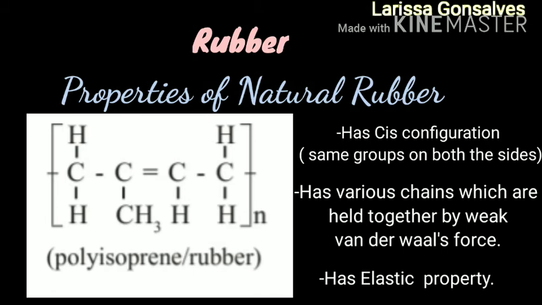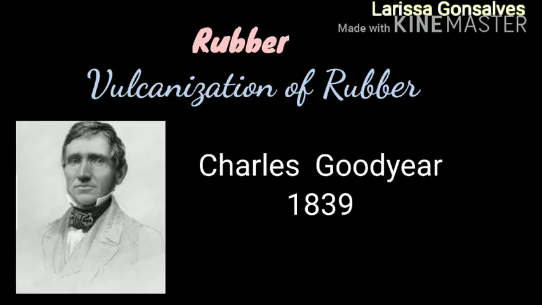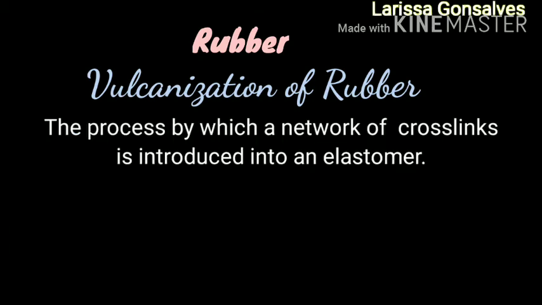Now we move on to the topic of vulcanization of rubber. In order to improve the physical properties of natural rubber, the process of vulcanization is carried out. In the year 1839, an American inventor, Charles Goodyear, invented the process of vulcanization. What is vulcanization? It is a process by which a network of cross links is introduced in the elastomer.